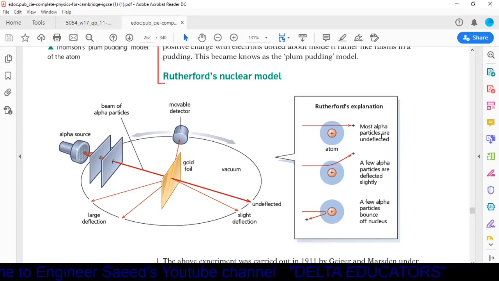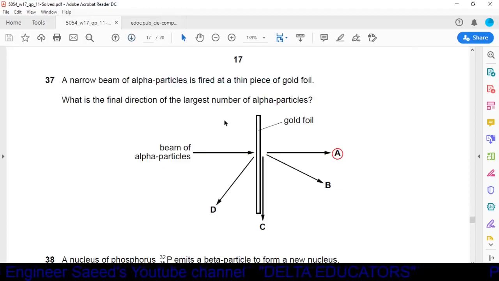It is given here, most alpha particles are undeflected. Now move to the question. Here it is asked what is the final direction of the largest number of alpha particles. So the direction will be in the direction of A, meaning most of the alpha particles are undeflected. These particles move in a straight line. So option A is the correct one.